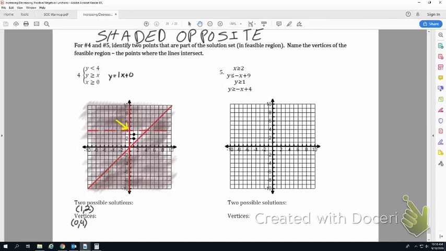So vertices is just going to be these corner points. So what's that one out there? 0, 0. And Jacob, what is this one out here? 4, 4.